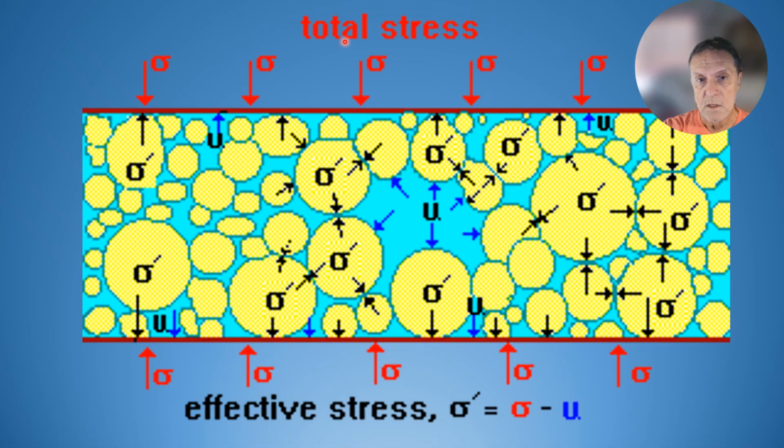Total stress, meaning weight of soil, grain-to-grain contact within the soil mass or the rock mass. When you introduce water, this symbol here, you're tending to separate grains so that the grain-on-grain stress has been lessened, and now it becomes effective stress.